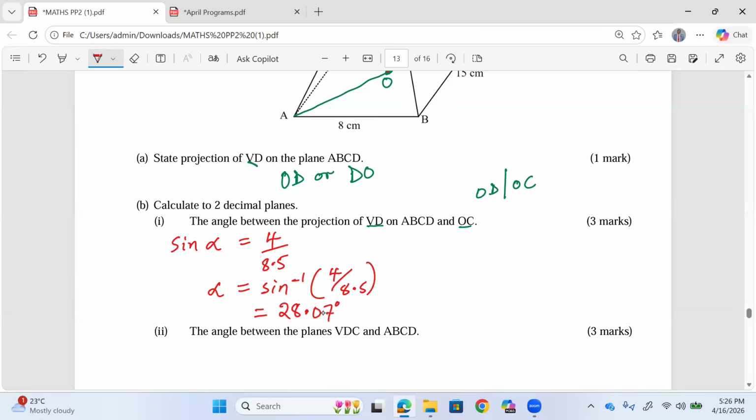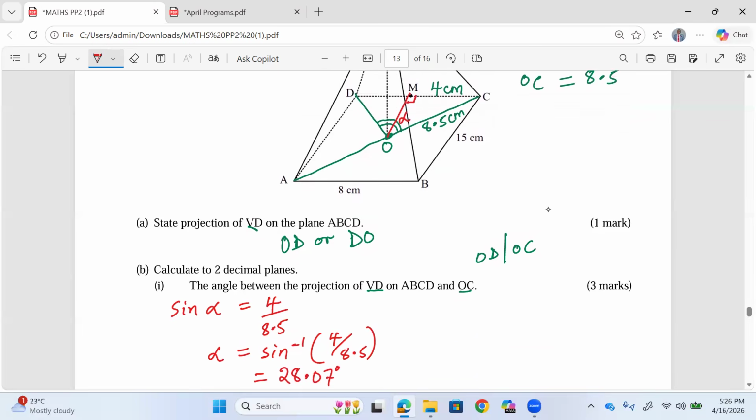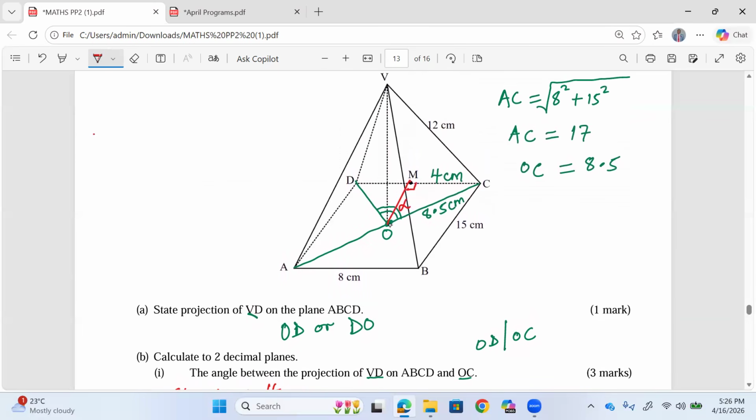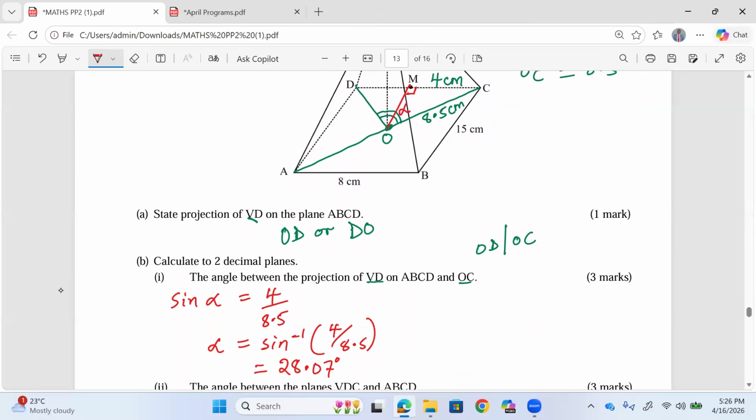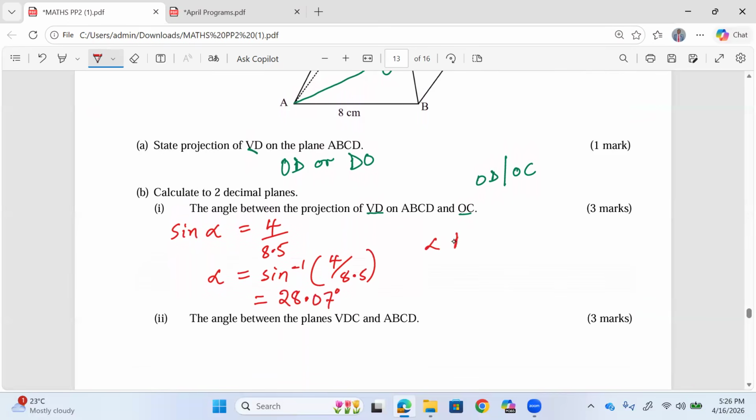But remember, the angle between OD and OC is going to be the whole of it, so we multiply by 2. So DOC is going to be 28.07 times 2, which gives us 56.14.